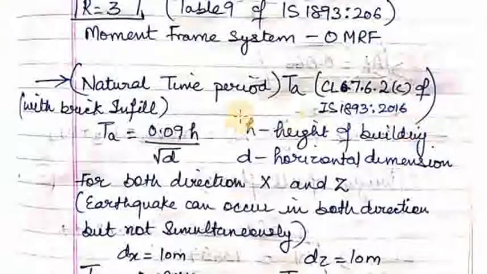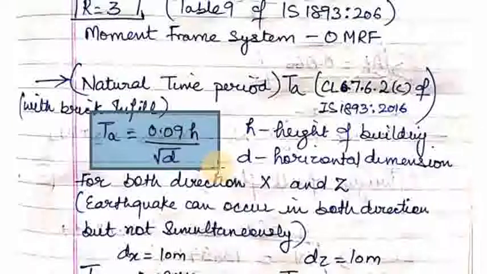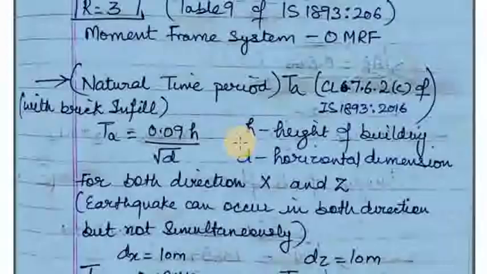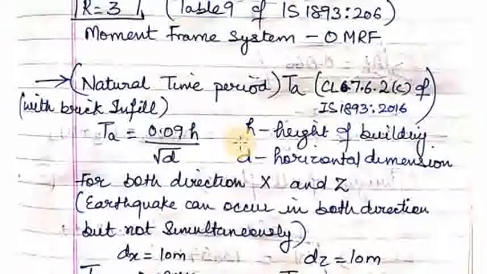To calculate the value of Ta, as it is with brick infill wall, the value of Ta is 0.09 h by root d, where h is the height of the building and d is the horizontal dimension. As the horizontal dimension is the same both in x and z direction, it has value 10.